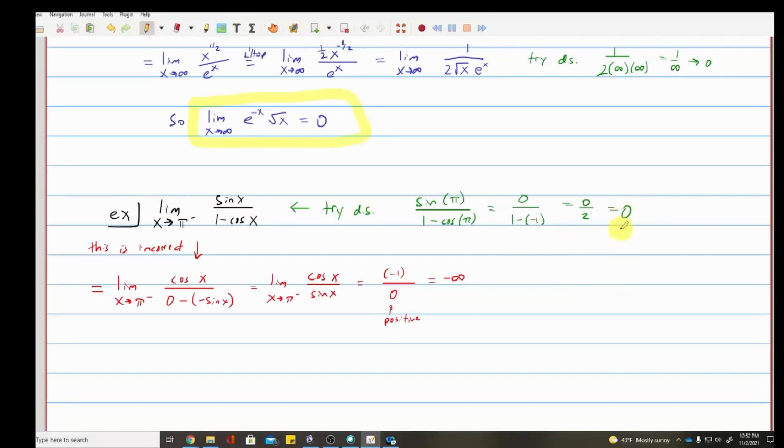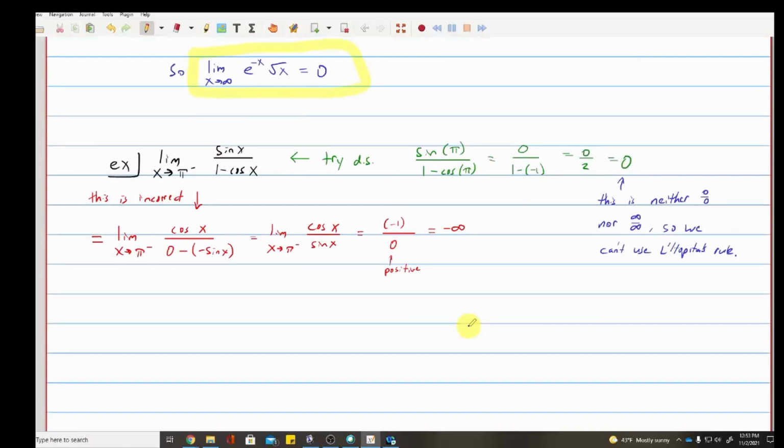This is not 0 over 0, and this is not infinity over infinity. So we can't use L'Hopital's rule. And in fact, I don't need to. We have the answer. It's just 0. When I use L'Hopital's rule, I get a wrong answer because I wasn't allowed to use L'Hopital's rule. So if I use L'Hopital's rule when I'm not allowed to, I'm going to get a wrong answer. So this is why it's really important to always check that condition.